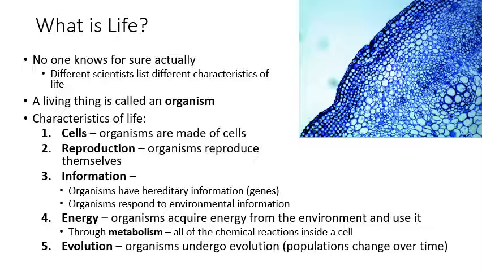First, they have hereditary information, which is the information that contains instructions on how to build that organism, how to build the different molecules that the organism has, and that information is passed on to the offspring when the organism reproduces. Because the information is passed on to offspring, that's why we call it hereditary information. And for all the organisms that we know of, that information is stored in the form of genes within DNA.